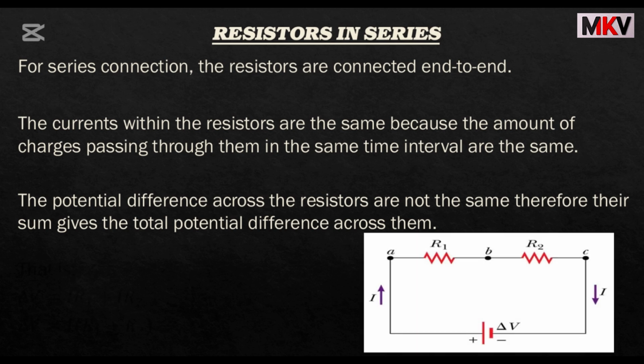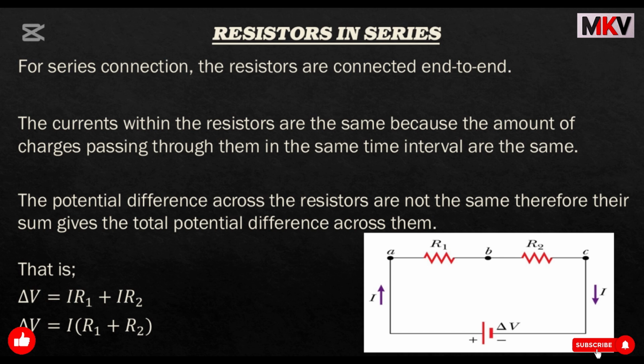If you look at the diagram here, the resistors are connected end to end. Therefore, they have the same amount of charges and current passing through, but with different potential differences. So we sum up the individual potential differences to know the total potential difference across the resistors.